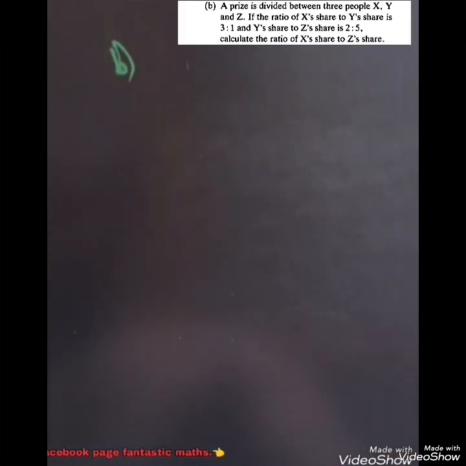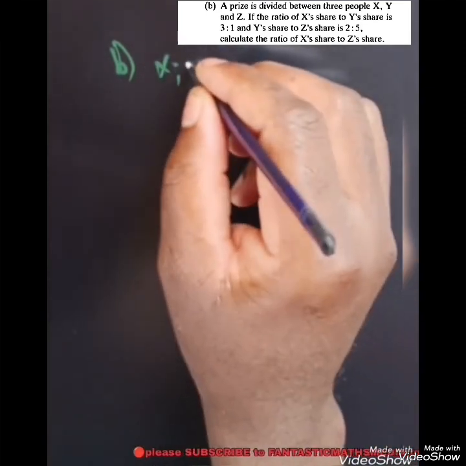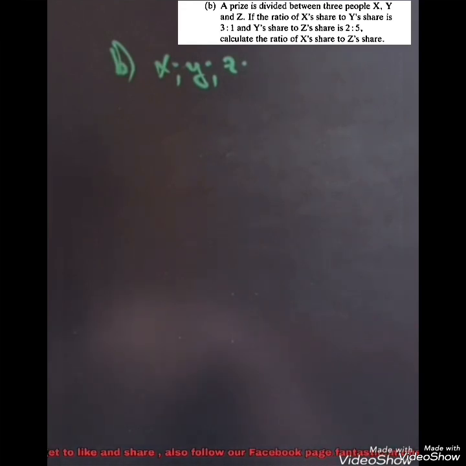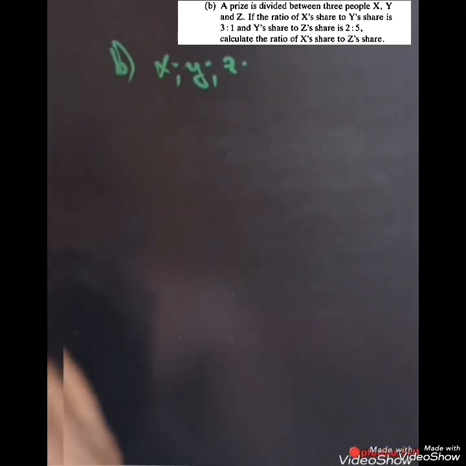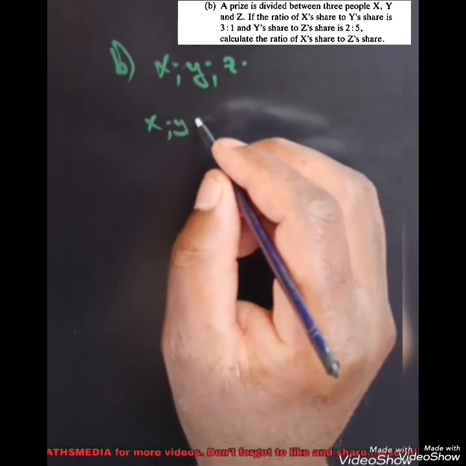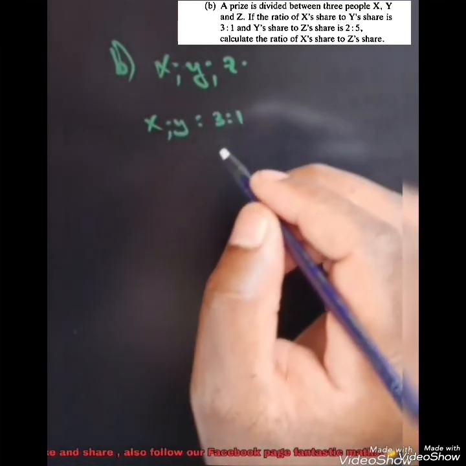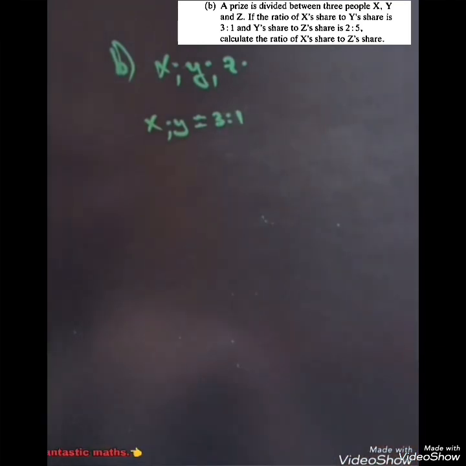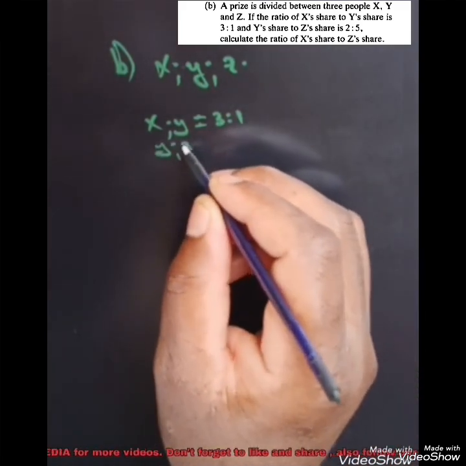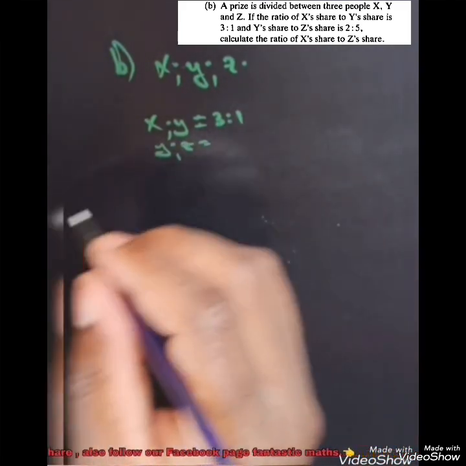Part B. A prize is divided between 3 people, X, Y, and Z. The ratio of X's share to Y's share is 3:1, and Y's share to Z's is 2:5.